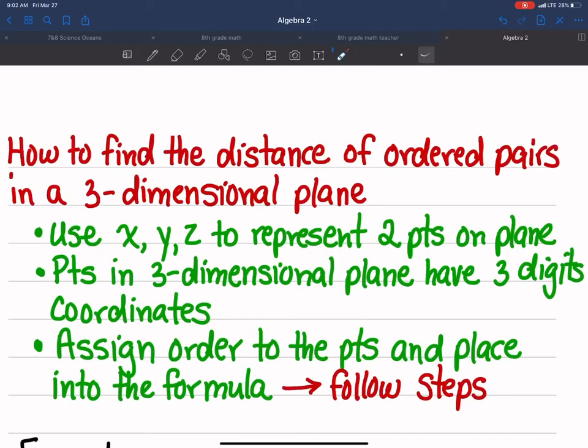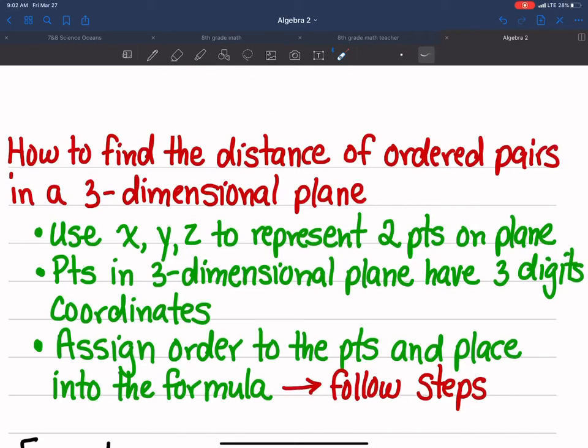Just like in the two-dimensional plane, we are going to start off by assigning order to the points. That is the first step. And like I said in our last video, the only thing you are deciding is which point will be first and which one will be second.